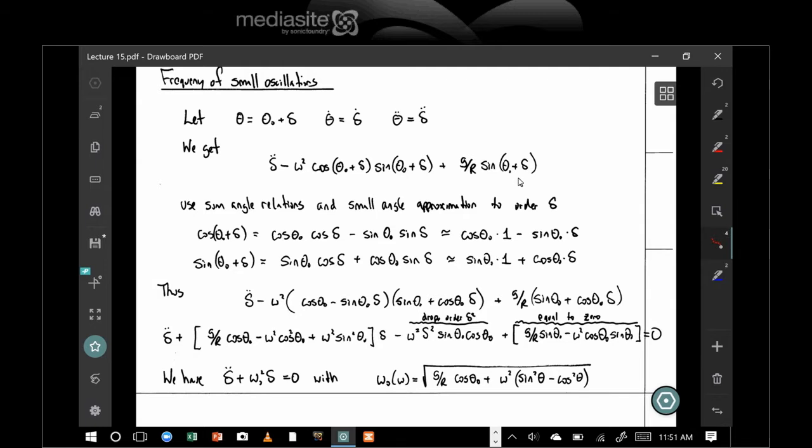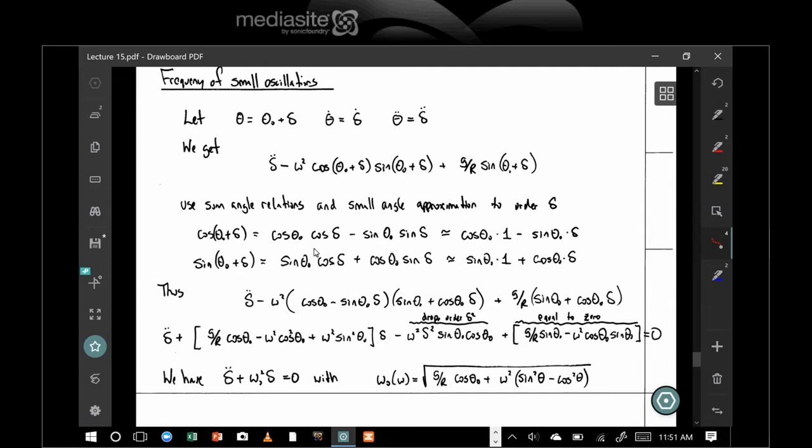Let's now find the frequency of small oscillations. We've done this multiple times. What we're going to do in solving for the frequency of small oscillations is set theta equal to the equilibrium position plus some small angle delta. Then theta dot equals delta dot, and theta double dot equals delta double dot.